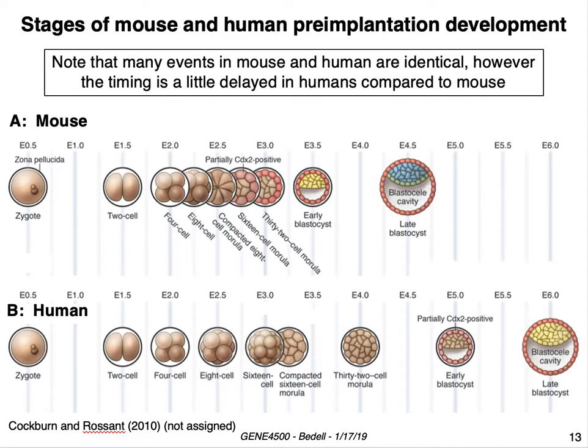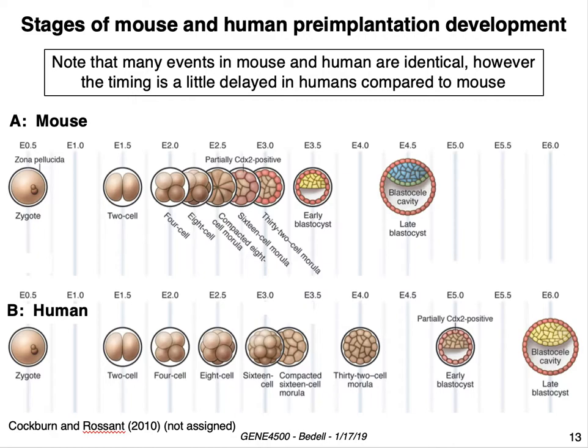So on the bottom panel are all the things happening up to the blastocyst, the late blastocyst in humans. Now E, both with human and with mouse, refers to embryonic day 5.5. So 5.5 days essentially after fertilization. Okay, so that gives you the timing.